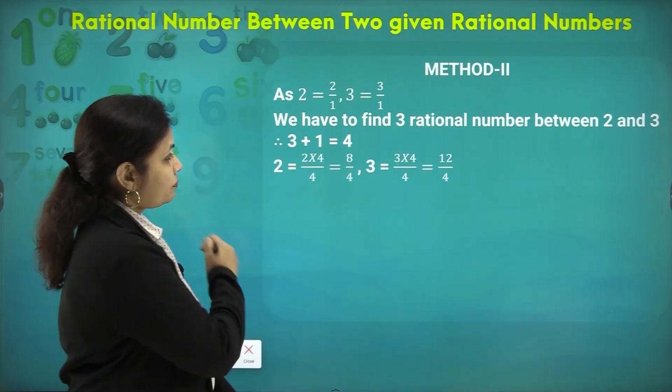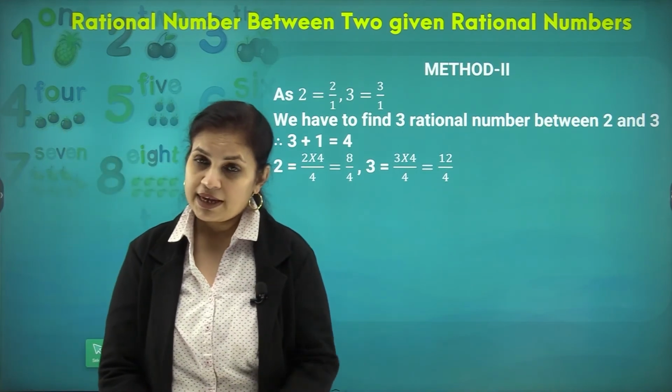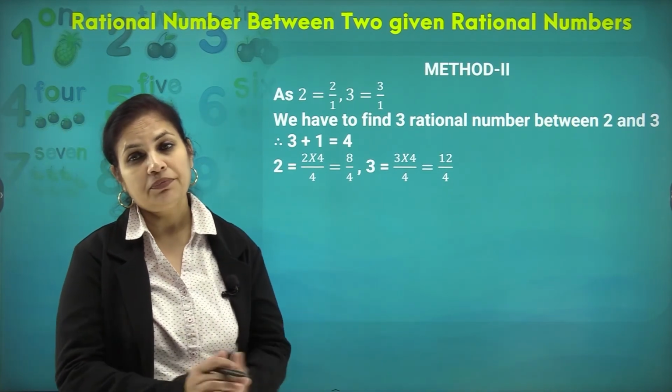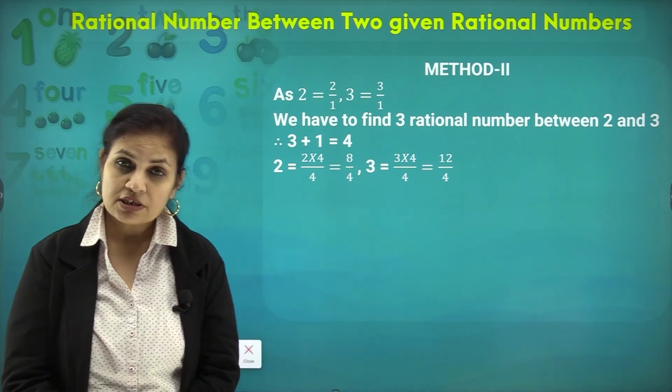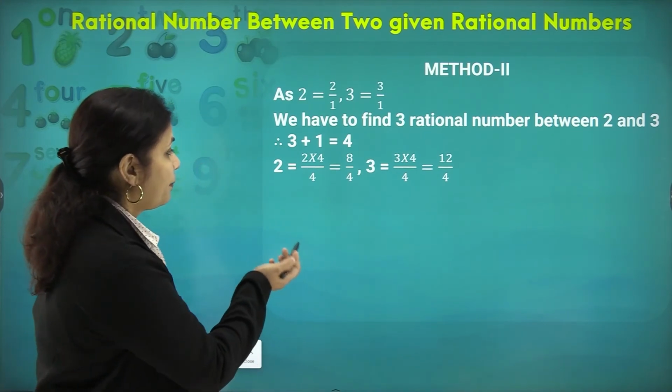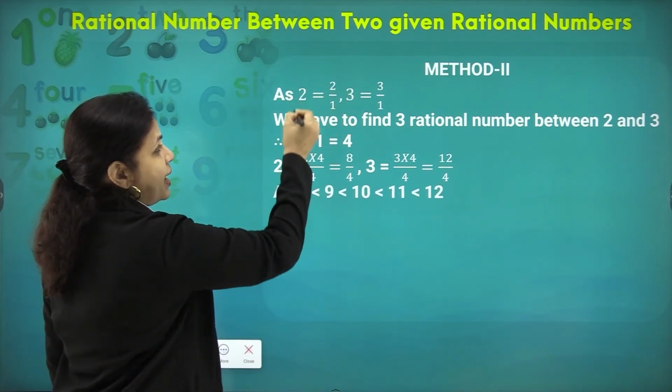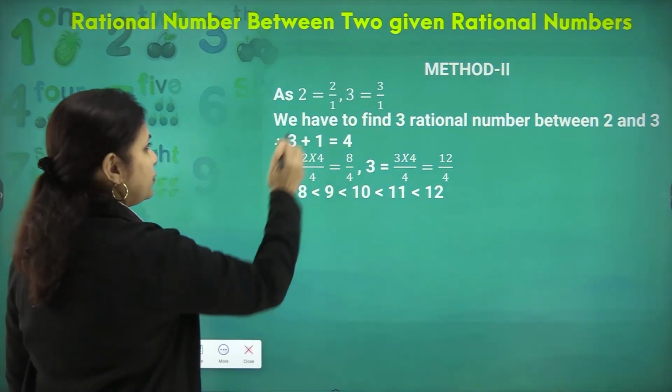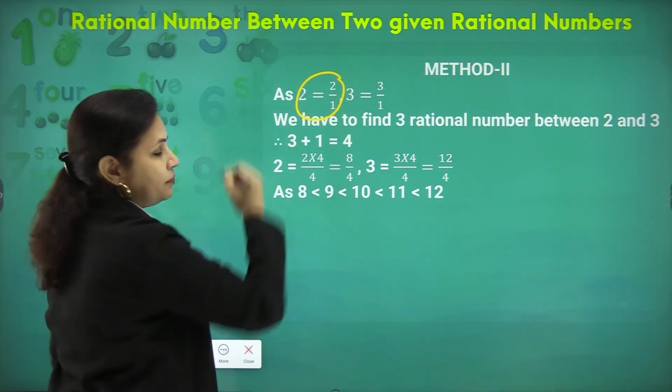So, according to the example shown here, 2 was previously written as 2 upon 1.